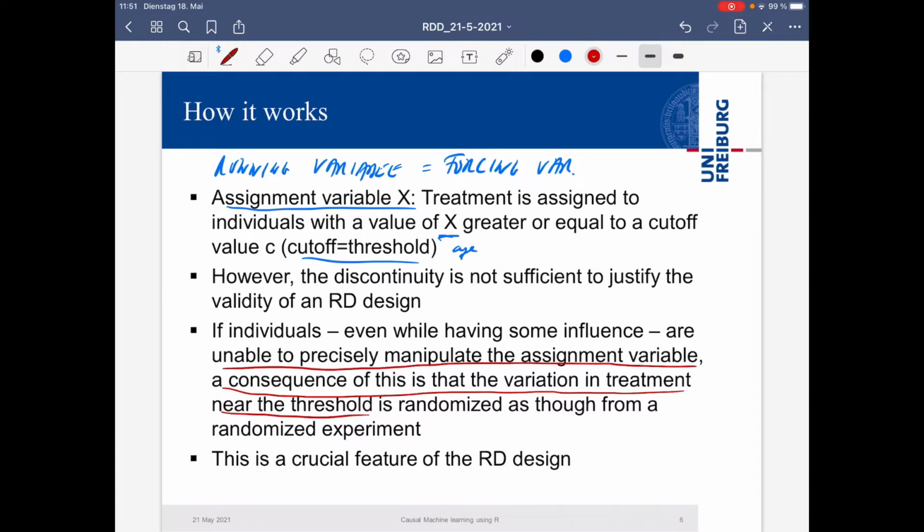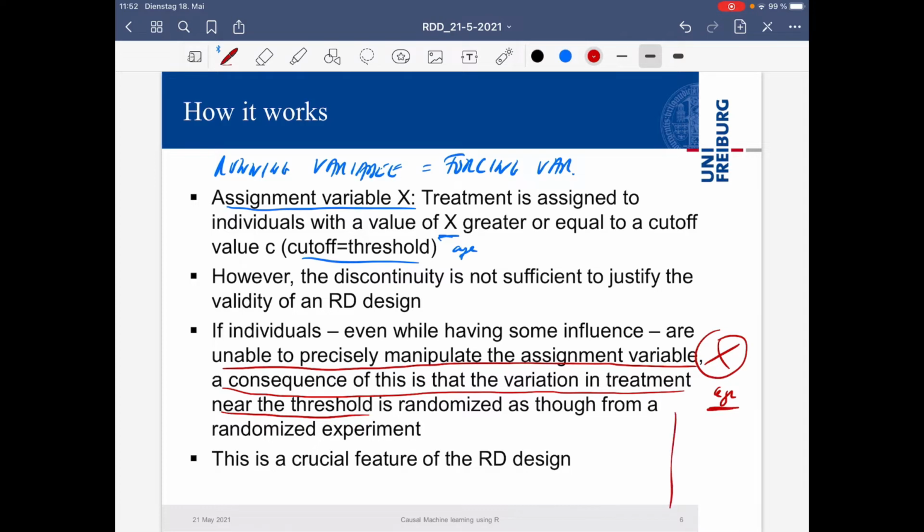So once again, the assignment variable, let's say that's age. If you were able to manipulate your age, what could be, for example, the case in developing countries where it's not clear when people were born, then you have the possibility to manipulate your age in a way that you get access to the program.